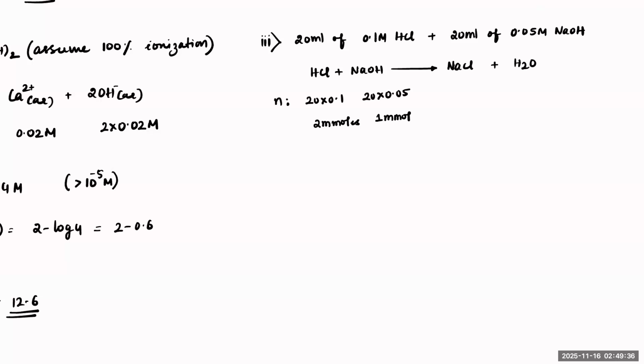So it is clear that NaOH is in lesser quantity, so that is the limiting reagent. So 1 millimole of HCl will be left, 1 millimole of NaCl will be formed and 1 millimole of water will be formed.